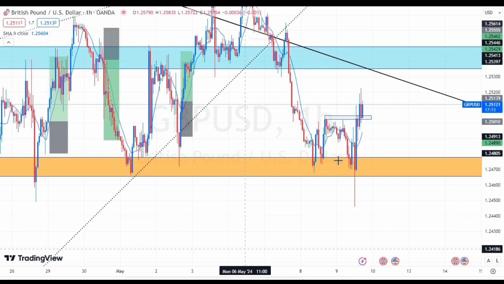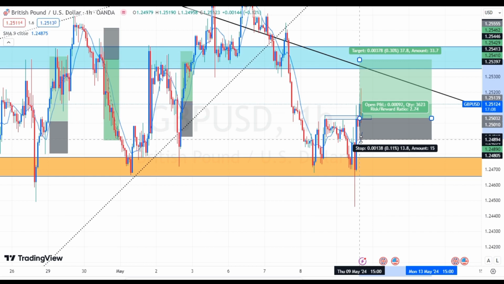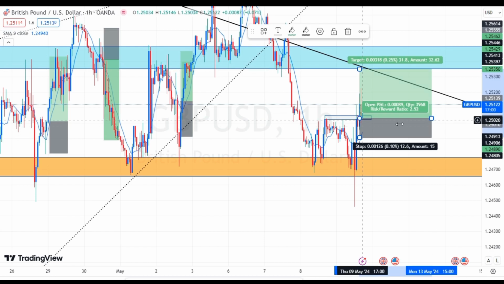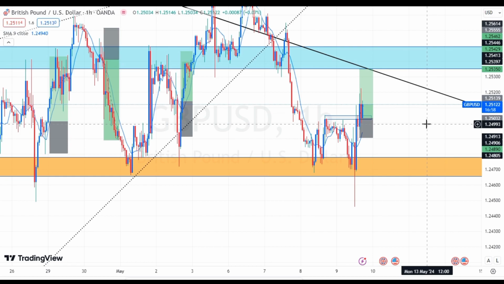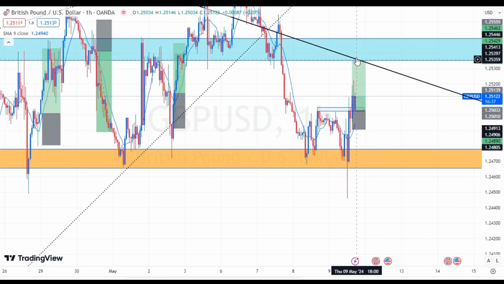So this could have been an opportunity for us to trade this, risking maybe 12 pips for a 1 to 2, this is about 30 pips. So we could have entered this trade to the upside and captured about 30 pips, and you can see that price came to the neckline and price is going upside.